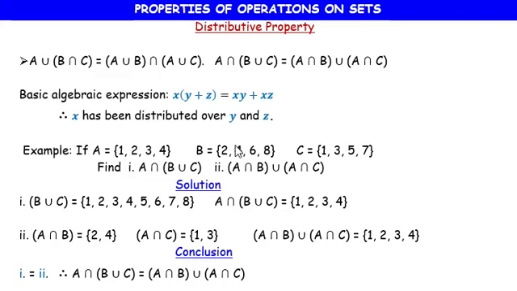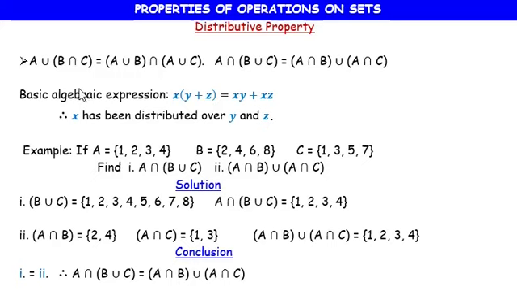Now this is what we mean by the distributive property, right? So under basic algebraic expression, we say that x has been distributed over y and z. Now under sets, we say that if you have an expression as A union into bracket B intersection C, this is the same as A union B intersection A union C. Now let's look at the correlation between this and this.